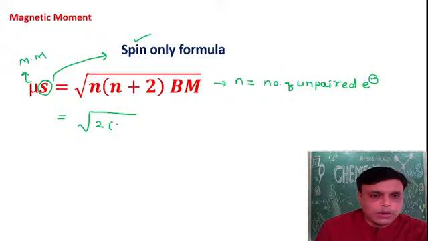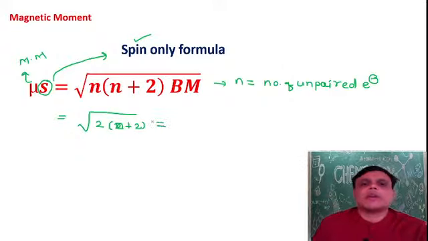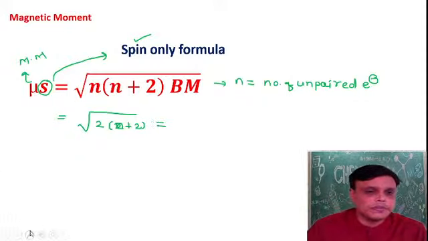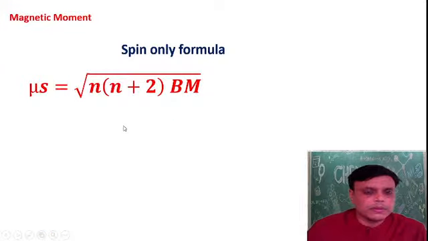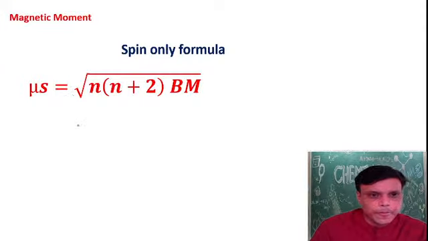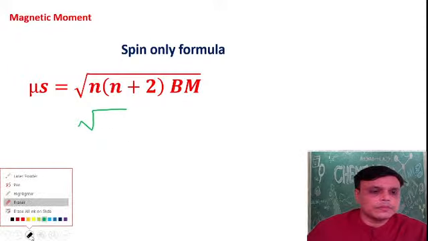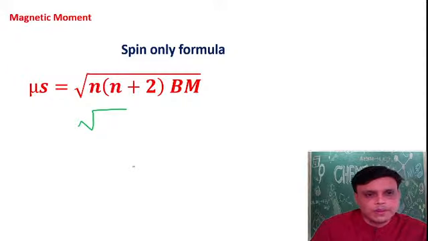2 into 2 plus 2. Calculate this value and tell me what is the magnetic moment. Under root n is equal to 2 here, so 2 into 2 plus 2.